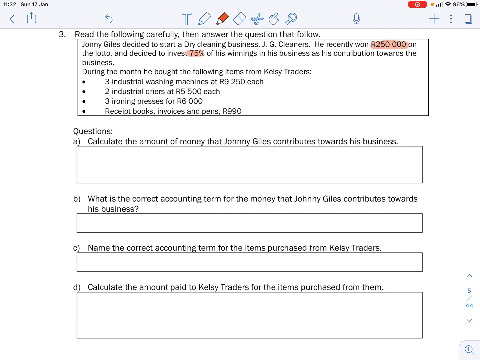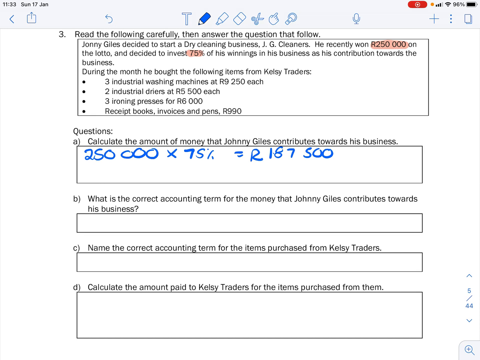If we take 250,000 and multiply that by 75%, we should get the amount that he invests in his business, which should be 187,500 Rand. So that is what Johnny Giles contributes towards his business.